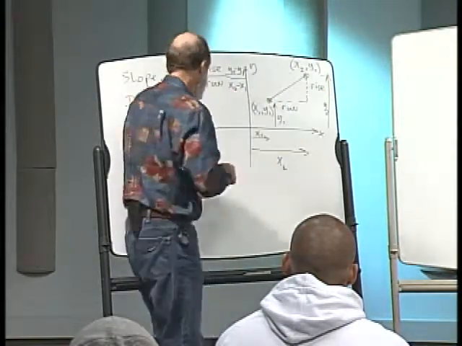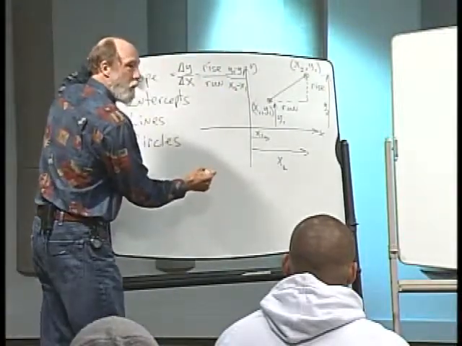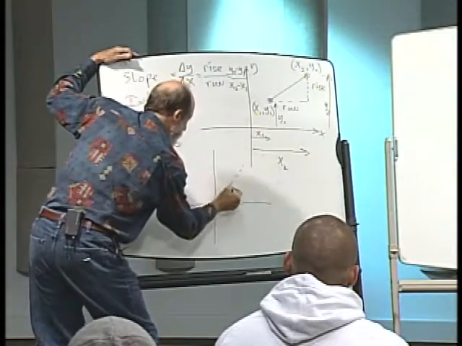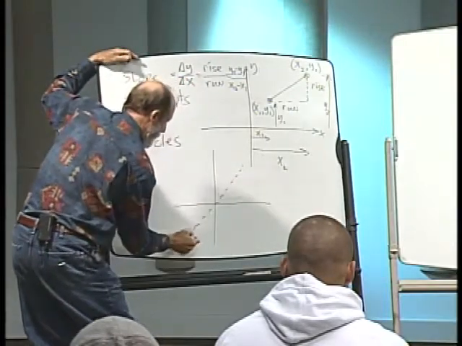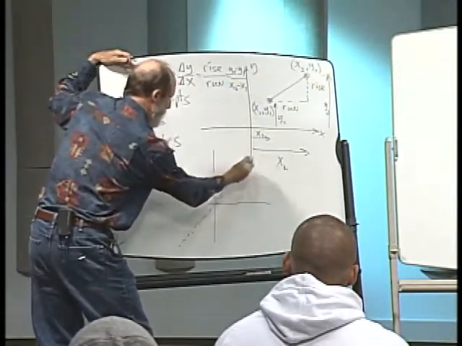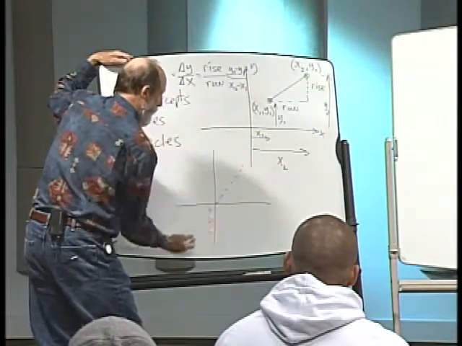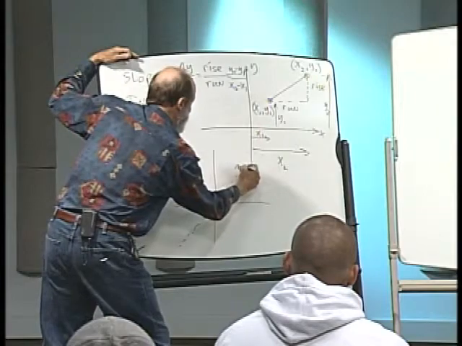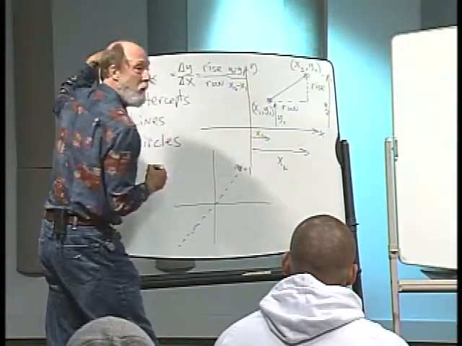Okay. So if we have a general sketch, something like this, then if I'm right on that 45-degree line like this, anywhere, doesn't matter where you place it, the slope there is going to be equal to 1.